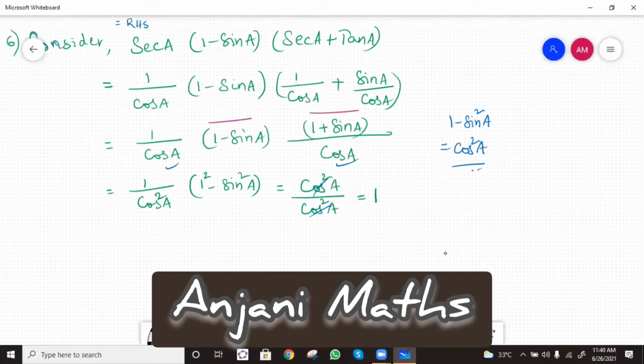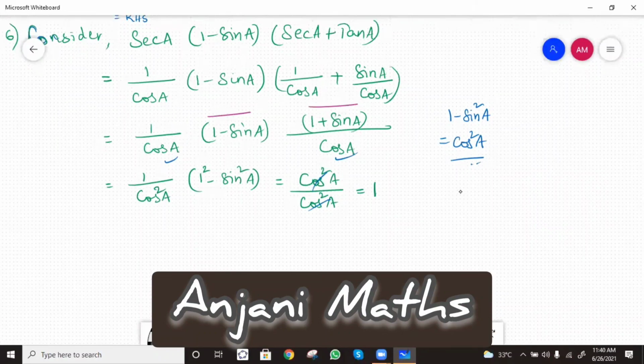It's nothing but 1 square minus sin square A. In the denominator, we have cos A into cos A, which will be cos square A. But from the first trigonometry identity, we have 1 minus sin square A as cos square A. So we have cos square A in the numerator and cos square A in the denominator. They both get cancelled. We get 1. So in this problem, we use the first trigonometric identity, that is, 1 minus sin square A is cos square A.